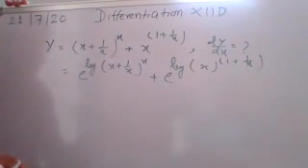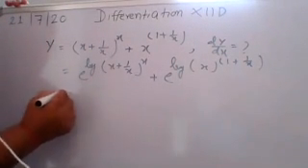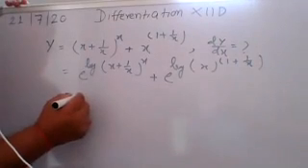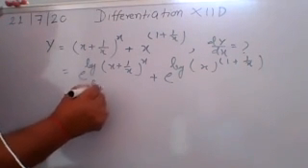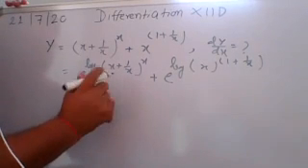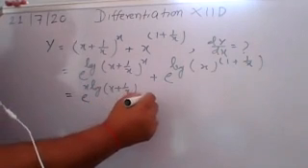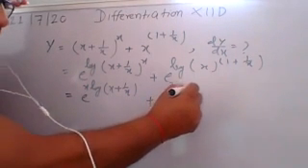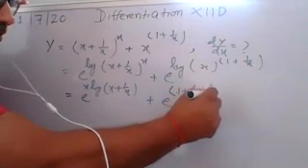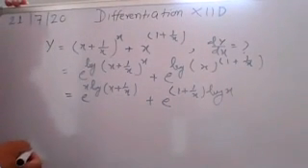Now applying the property of log, that can be written as e to the power x log (x plus 1 upon x), plus e to the power (1 plus 1 upon x) into log of x.